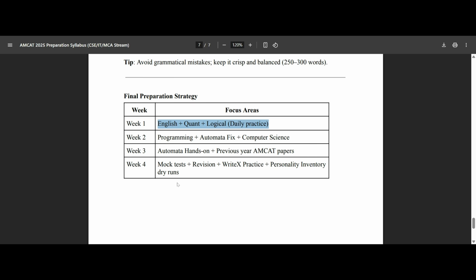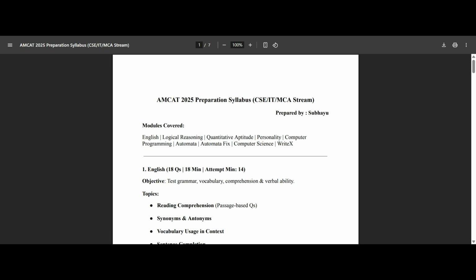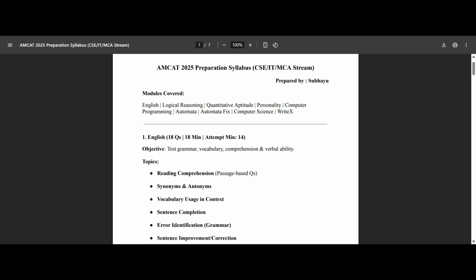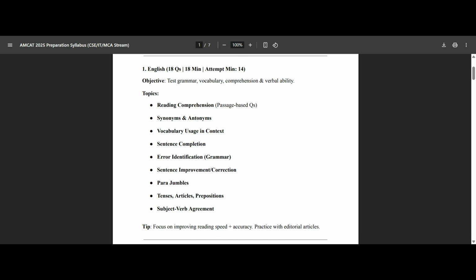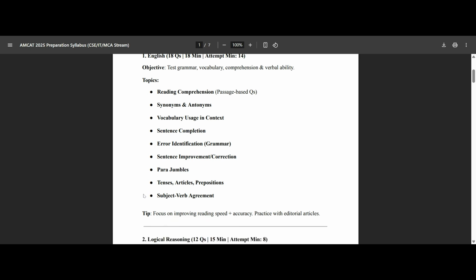So, what are all those? That we'll discuss in the constituent weeks. Currently, I am more intent on beginning with week 1. So, I hope my screen is visible. Basically, this is the syllabus for your exam. In English, you have these topics.